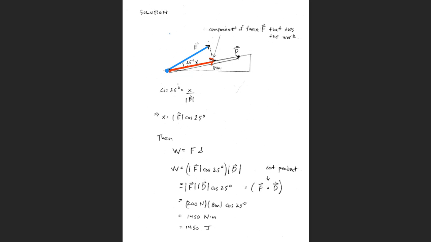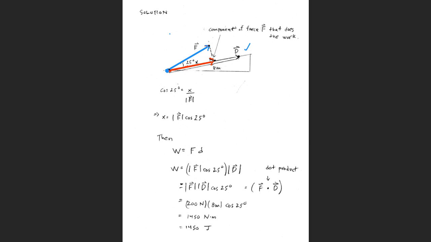So there's the force vector. And we want to find the work done in hauling this object 8 meters up the ramp. So the distance vector is there.